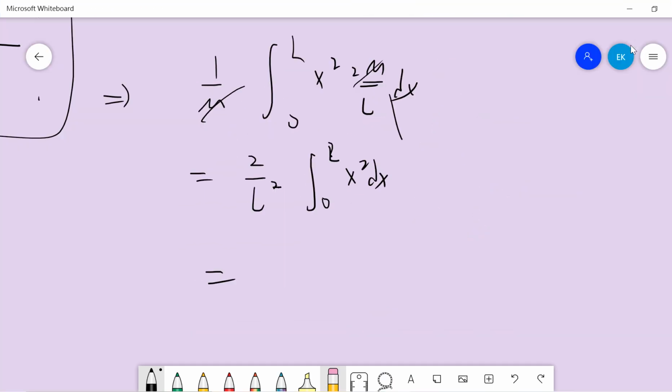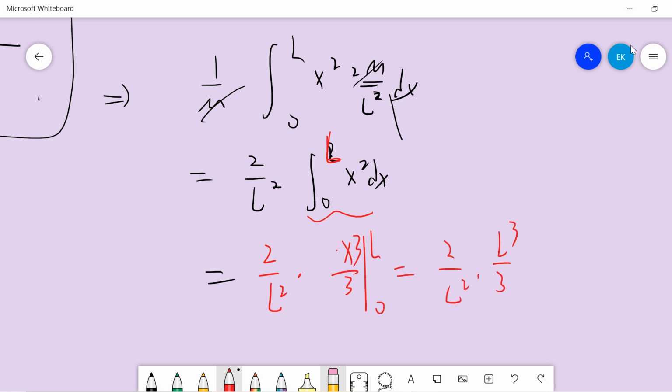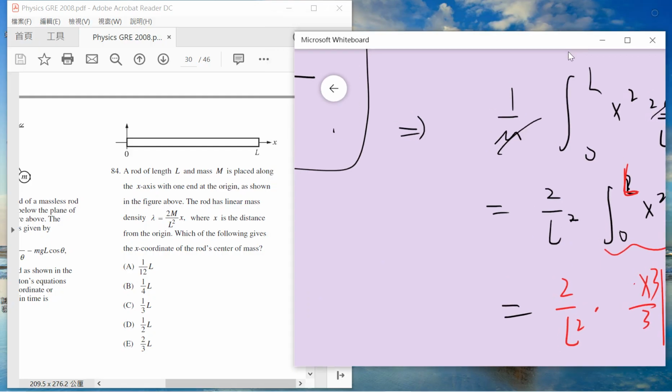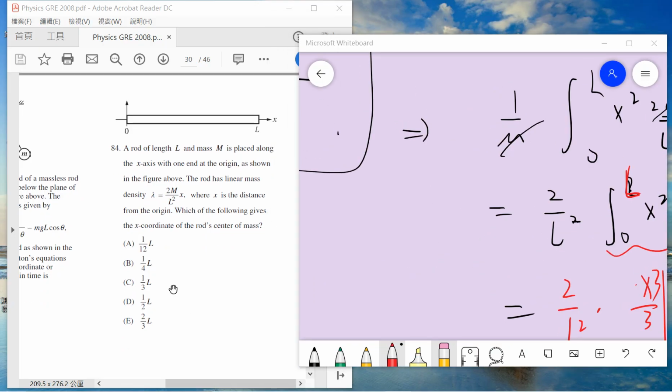Sorry, I missed one L squared. So here we just do the integral to L of x squared dx. So it's x cubed divided by 3 from 0 to L. So basically 2 over L squared, times L cubed over 3. So we have 2L divided by 3. So the answer is E.